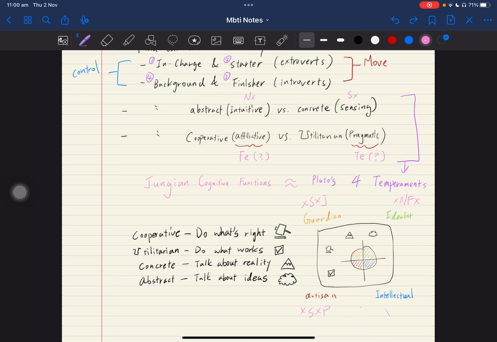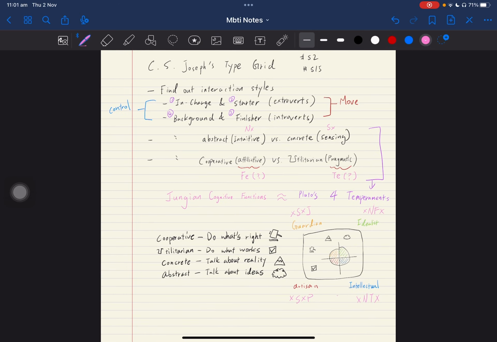And this one is the NTs. So there's our connection. This is how we use the type grid.